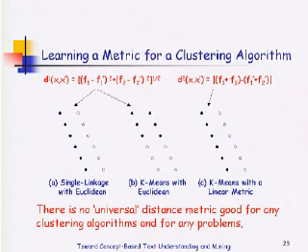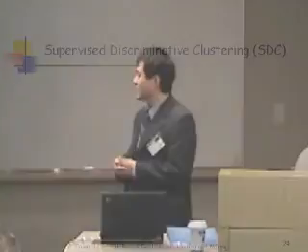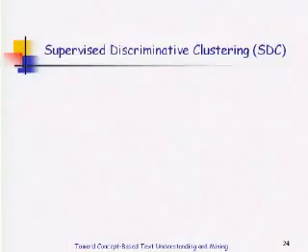We will also get different results. The point here is, there is no universally good distance metric that is good for any clustering algorithm and for any problems. We need to learn a distance metric for a problem, and we need to learn a distance metric for a specific clustering algorithm. So we cannot learn a distance metric that is good for any clustering algorithm. Actually, a lot of existing work tries to do that, and we claim that it's not a good way to do that.